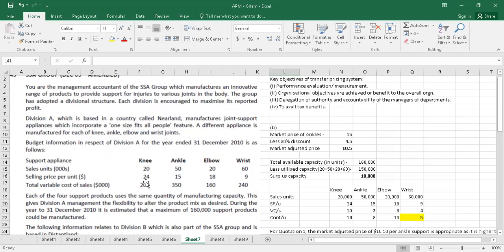So if 18,000 units are purchased from A, we will have to cut down the production of 8,000 risks and divert those resources to make ankles. So right now they will be manufacturing only 52,000 risks. That's one part of revenue. The second part of revenue is for SSA.